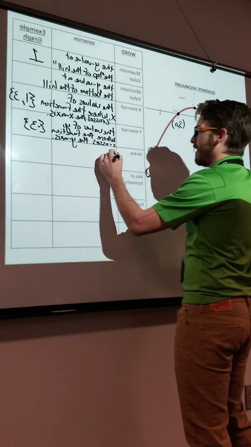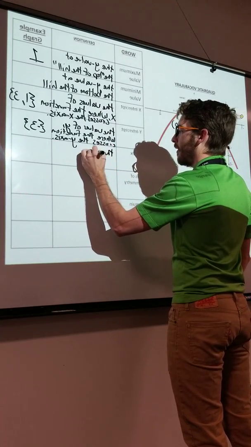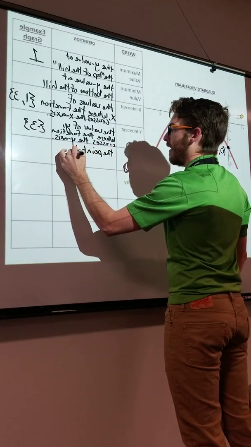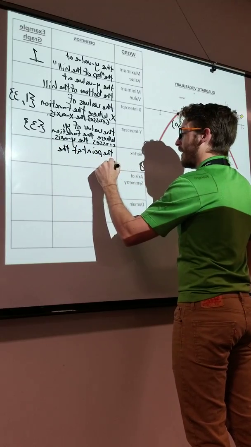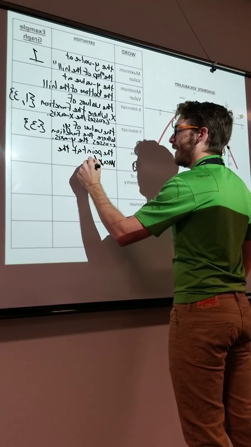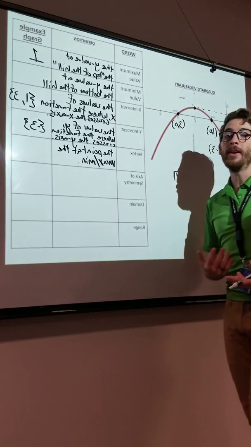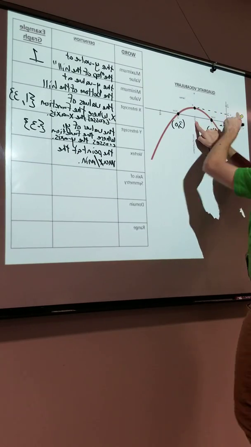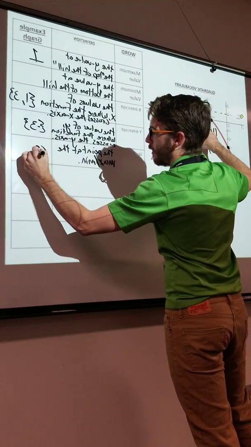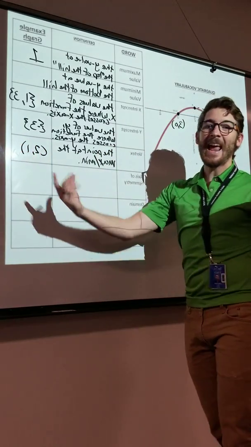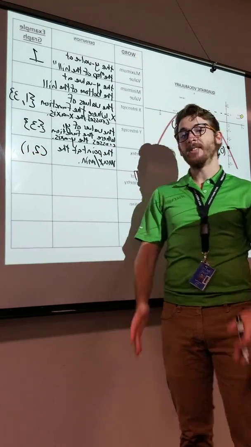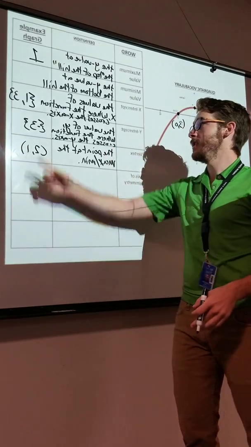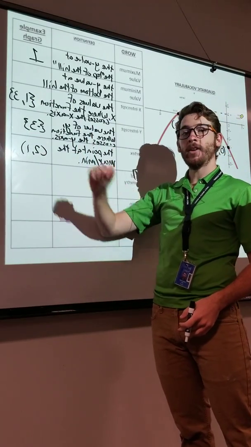And so the vertex is the point at the max or min. Okay, it's just that point at the max or min. And in this case, the x is 2, the y is 1, and so we have (2, 1). And this I have to write as a point because it's an x and a y value. It's not just one value or the other.